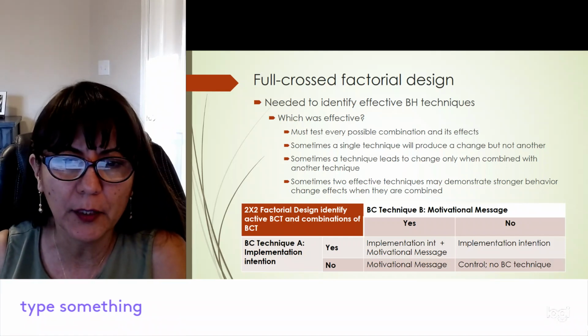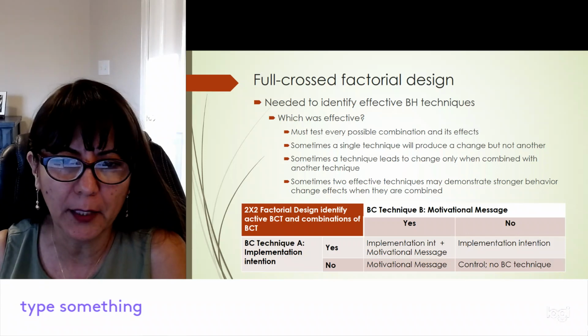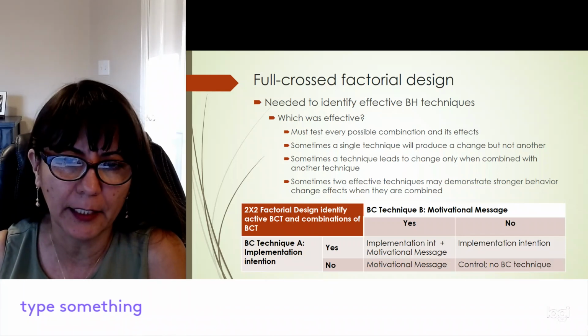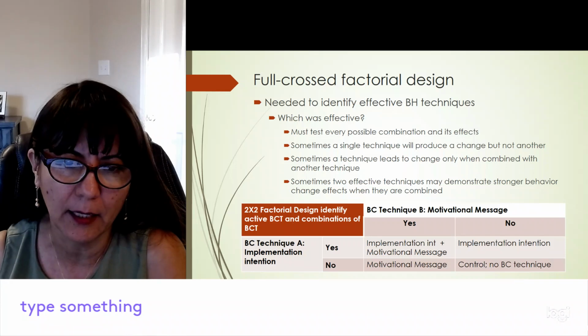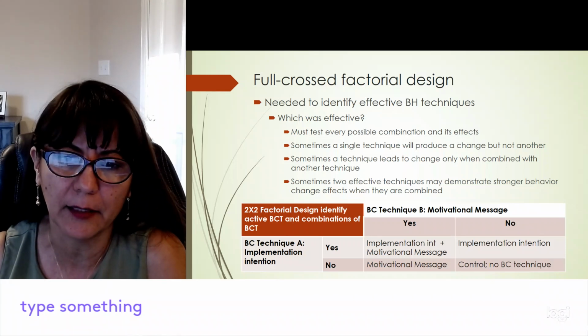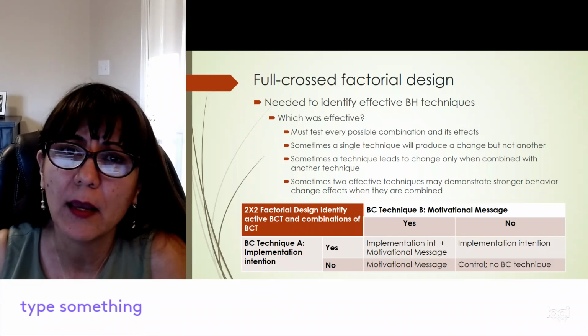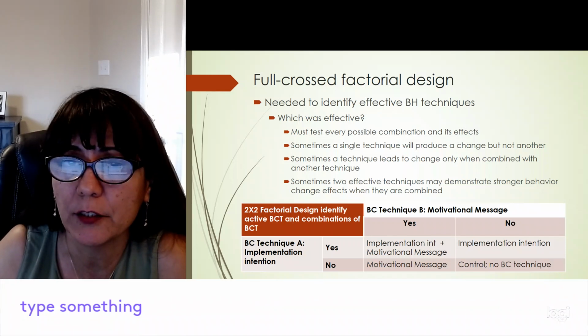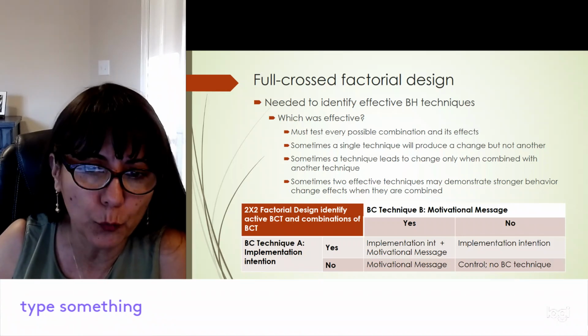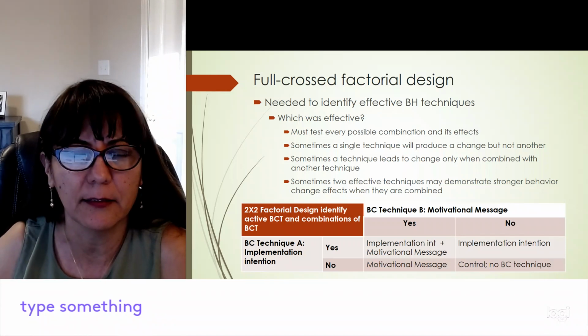Okay, so assuming that one group got both the implementation intention and the motivational messaging, as implied here by yes to getting technique B and yes to getting technique A, right? So here they have both of the intervention strategies, both of the behavior change techniques incorporated. This one group is going to get both of these things.